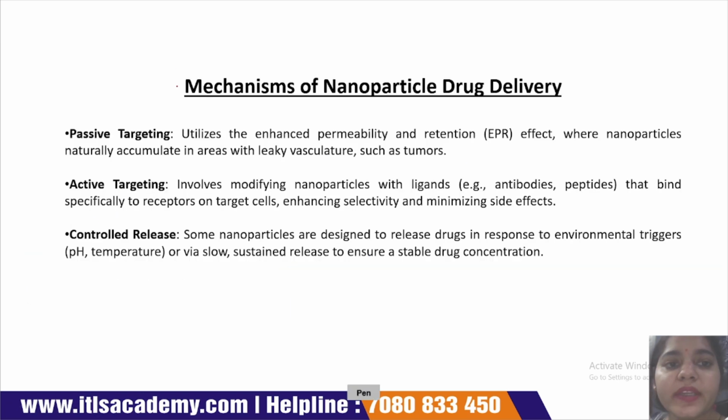Okay, now we discuss the mechanisms of nanoparticles for drug delivery. First, passive targeting. In passive targeting, nanoparticles exploit the enhanced permeability and retention effect.